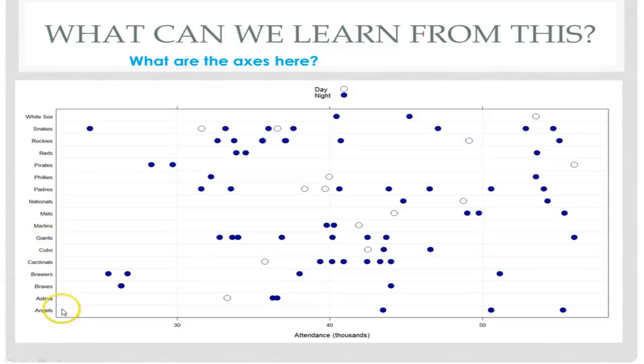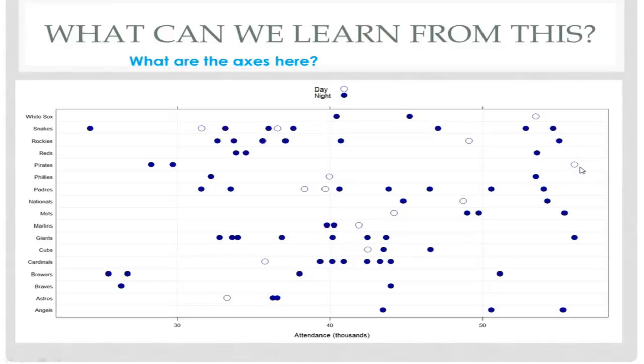Can you say anything? Generally higher attendance for the Angels than for the Marlins. And how about this one? This is kind of weird. The Pirates, they had 2 games with really low attendance and 1 game with super high attendance.